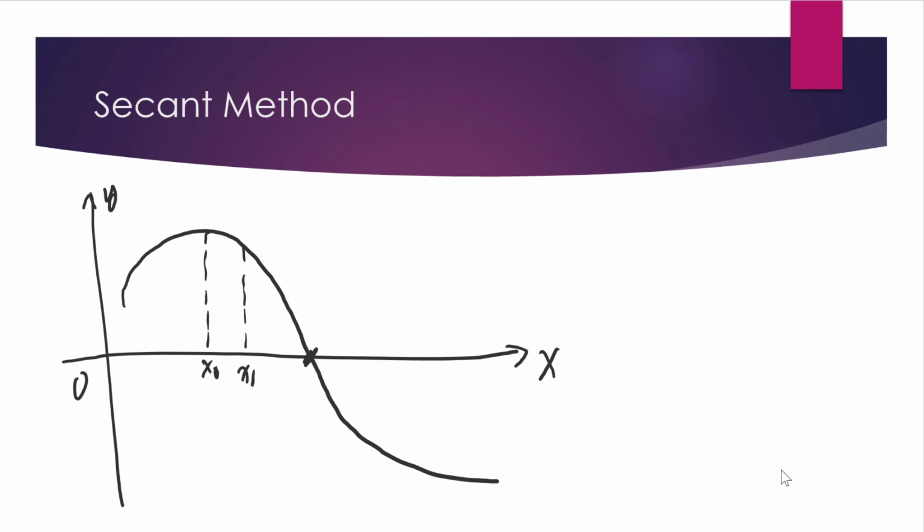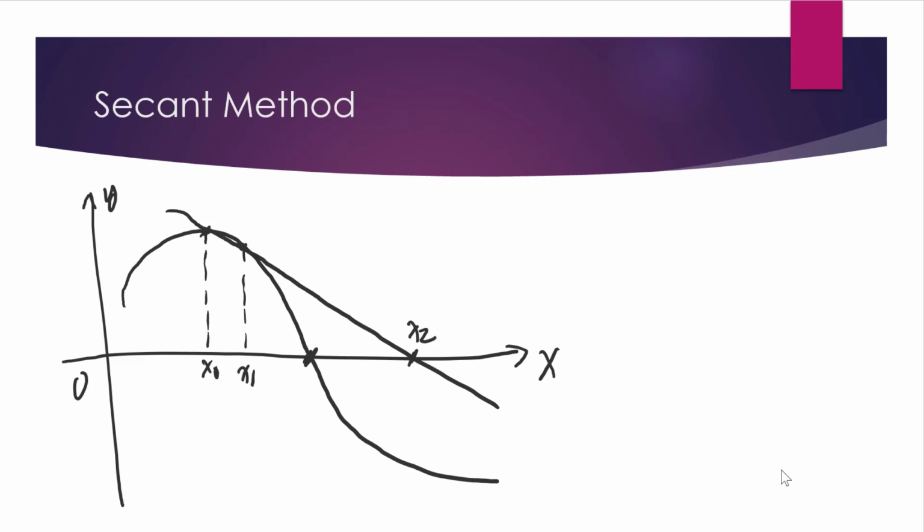Based on the function values at these 2 points, we can draw a secant line of this curve. The secant line, which is a straight line passing through 2 points of this curve, will intersect the x-axis at this point. And this point is the next approximation of the root, x2.